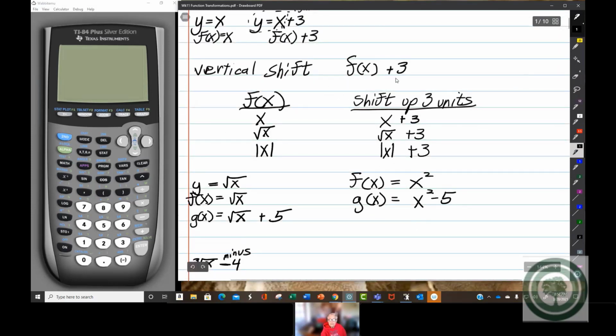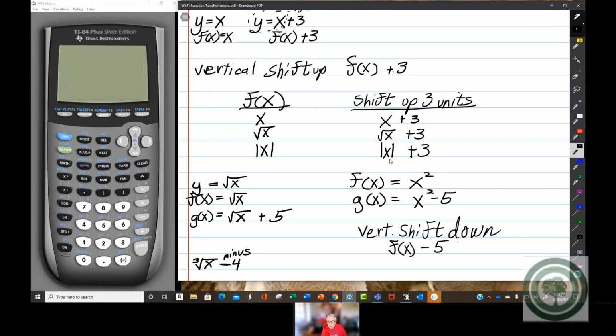So a vertical shift up would be f of x plus 3. A vertical shift down would be f of x minus 5.